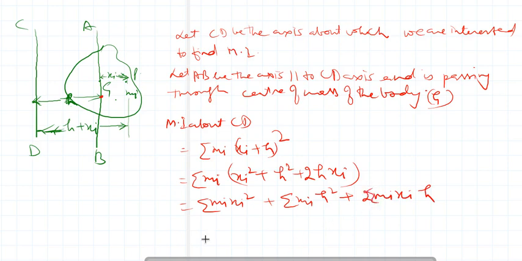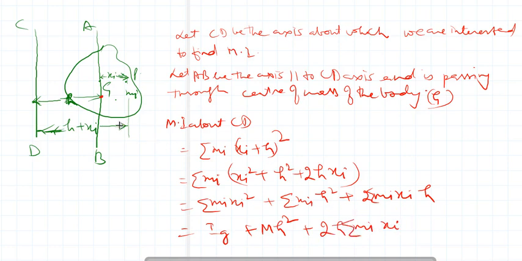Here, mi xi square summed is the moment of inertia about the center of gravity, Ig, plus M h square, because the summation of mi is the total mass of the body and h square can be taken outside, plus 2h times the summation of mi xi.